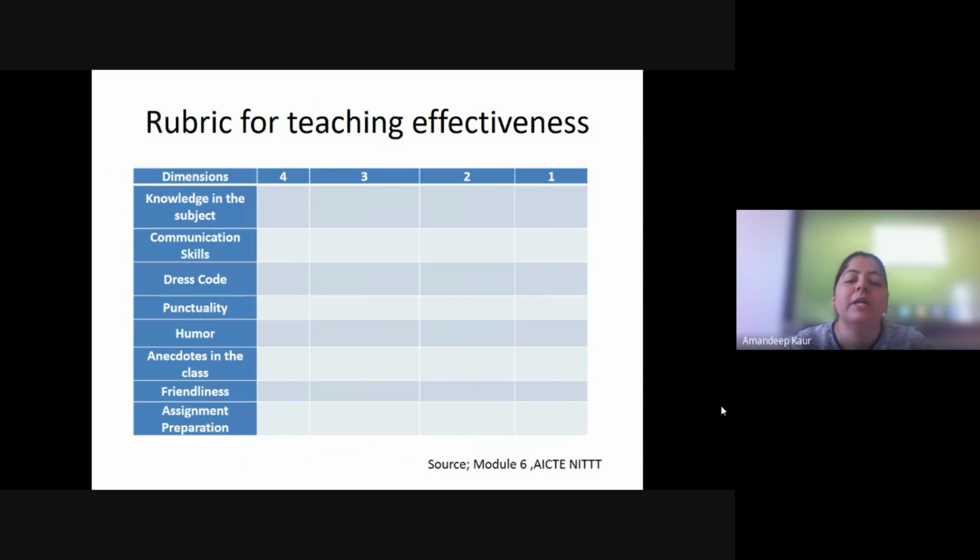Another example I have taken from module number 6, developed by NITTTR Chennai. In that particular module covered under AICTE NINET, there is one rubric sheet provided by Dr. Nidhi on teaching effectiveness. It defines different dimensions for that rubric sheet as knowledge in the subject, communication skill, dress code, punctuality, and so on, and the scale is decided as 4, 3, 2, and 1.